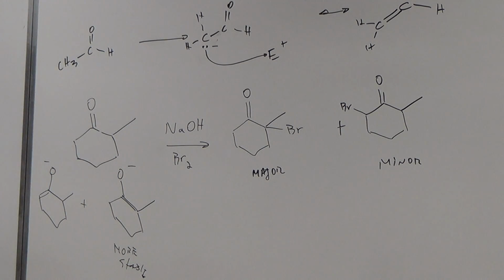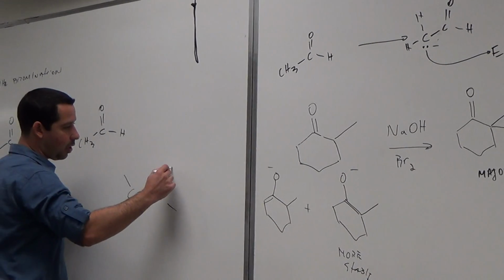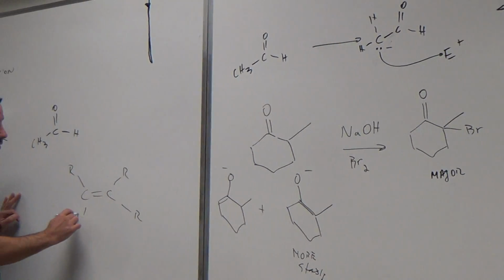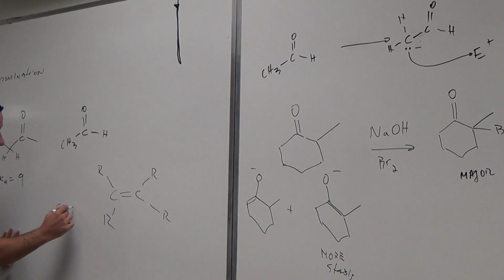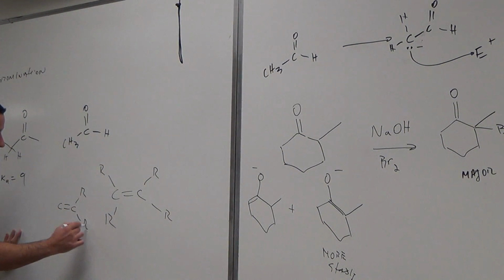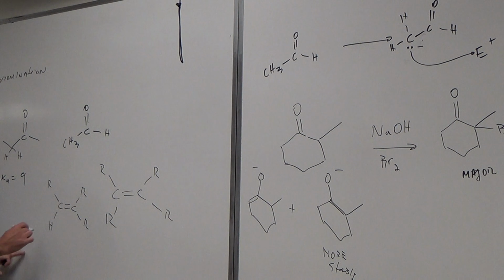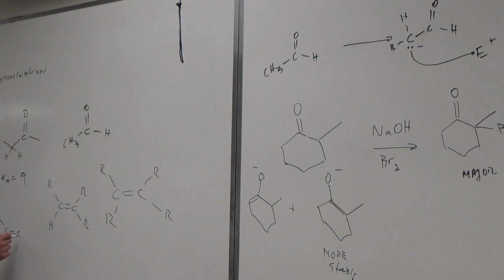If you have this with R groups all over the place, this is called tetra-substituted, which is more stable than tri-substituted. And that is more stable than di-substituted.